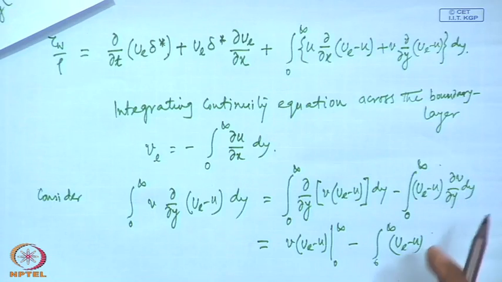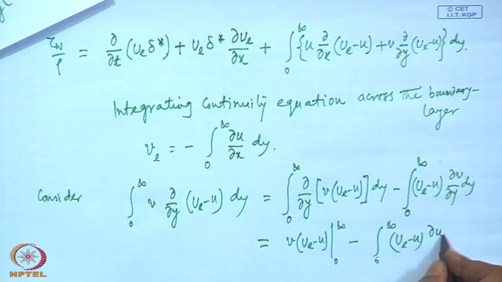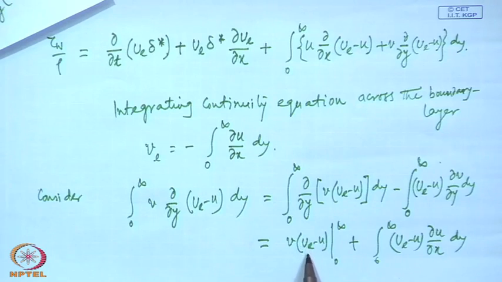Now, dv dy is minus du dx from the continuity equation. So, we can put it du dx and the minus we can make it plus. Okay. What is this? At infinity u e minus u is 0 and at 0 v is 0.